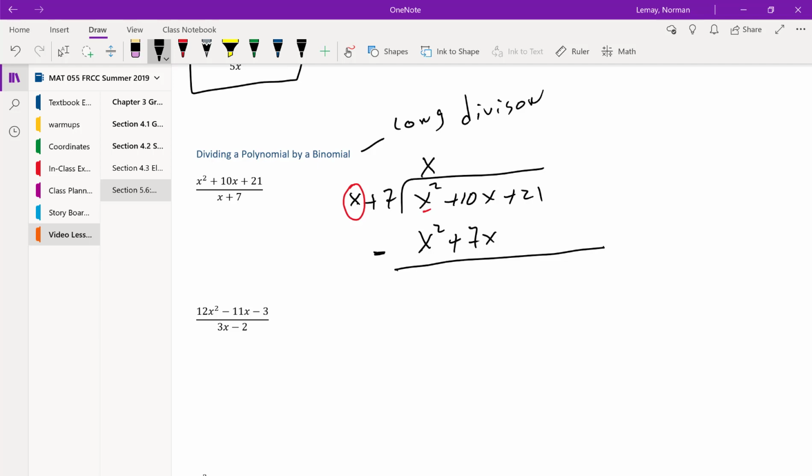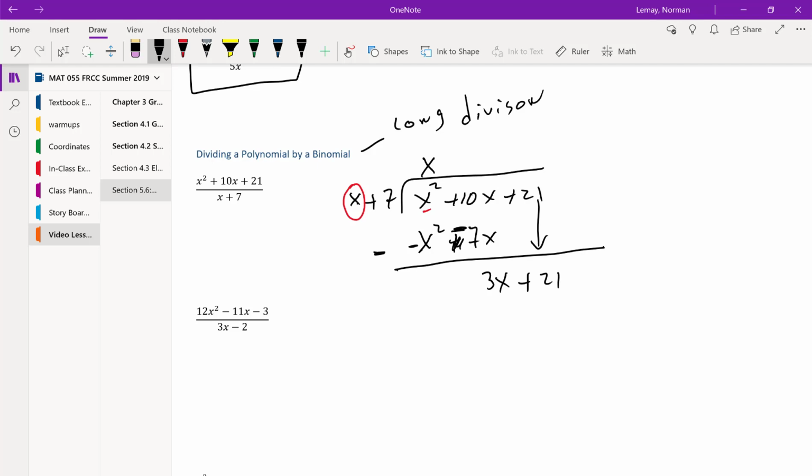Or another way to remember this is that we flip the signs and add. So let's just note that we can flip this sign and we can flip this sign and get rid of that. So notice that x squared minus x squared is 0, and 10x minus 7x is 3x plus, and then we bring this down just like we did with the other number, 21.